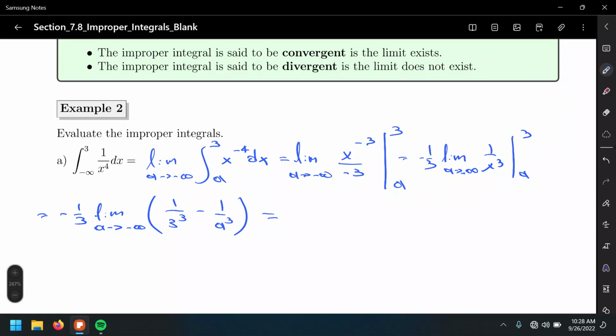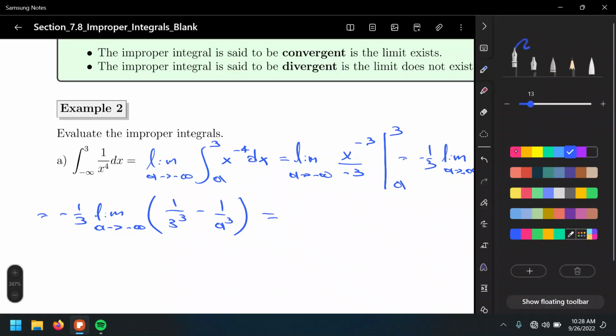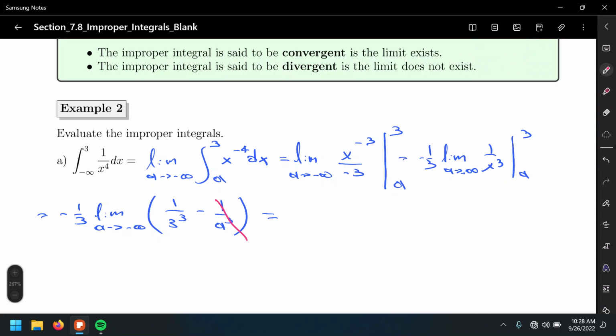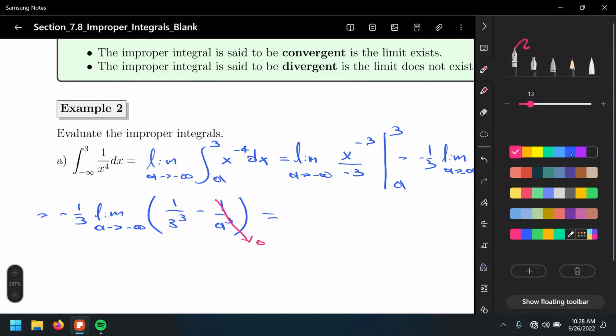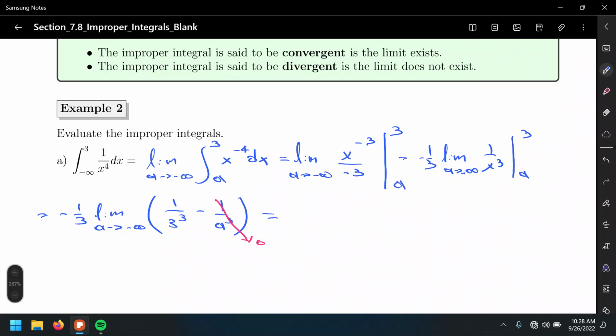And well, 1/3 cubed, that should give us 1/27. However, what is this again going to go to? 0, which is great, all right? So that means the integral will converge. So we're going to have negative 1/3 of 1/27, and that's negative 1/81.